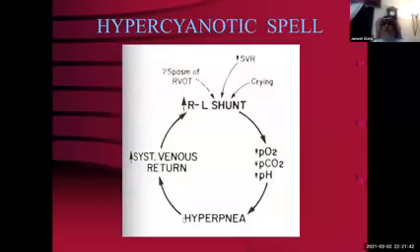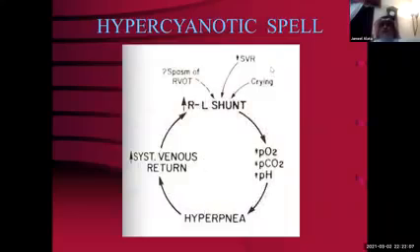If they start to hyperventilate, what happens? They will have more systemic venous return through the thoracic pump. When you breathe more, you withdraw more venous blood from the body back to the right atrium. And if you do that, then you are also increasing the right to left shunt, and then you go into the hypercyanotic spell vicious cycle.